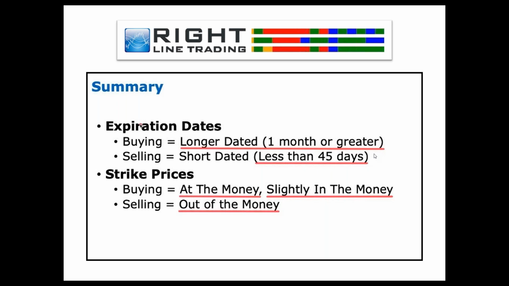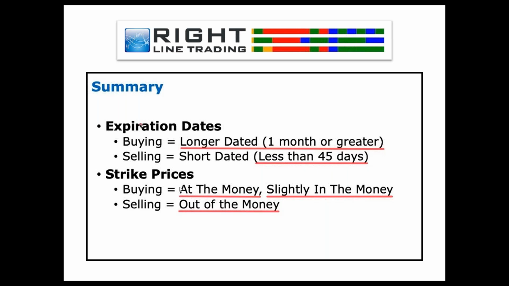So we do not have to hold these options to expiration. So when you see all those sort of phony "get your weekly paycheck" pitches, it doesn't necessarily mean that you are buying or selling weekly options.